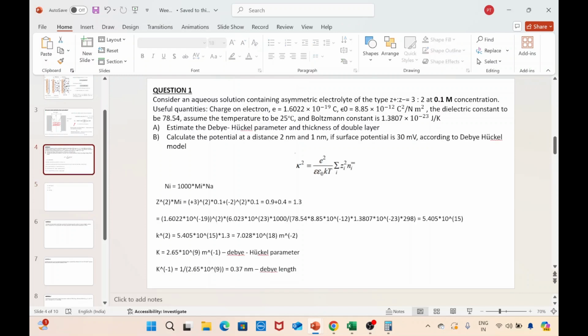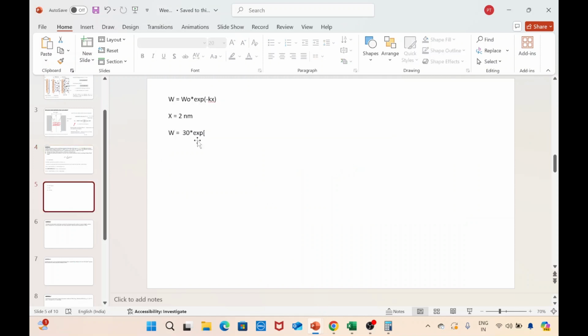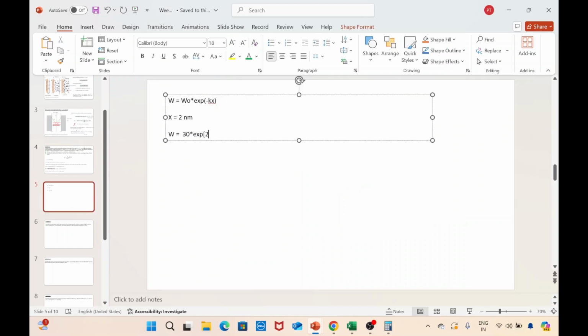Kappa value is 2.65 times 10 to the power 9 meter inverse, times x, which is 2 nanometers, that is 2 times 10 to the power minus 9. So 10 power 9 and 10 power minus 9 will get cancelled.